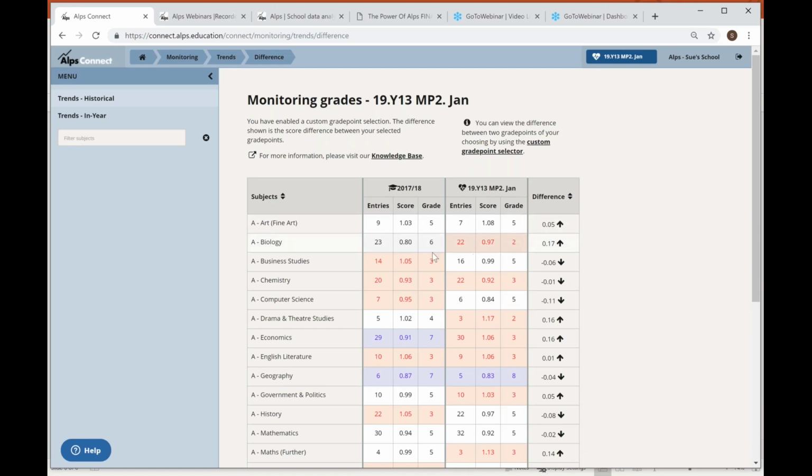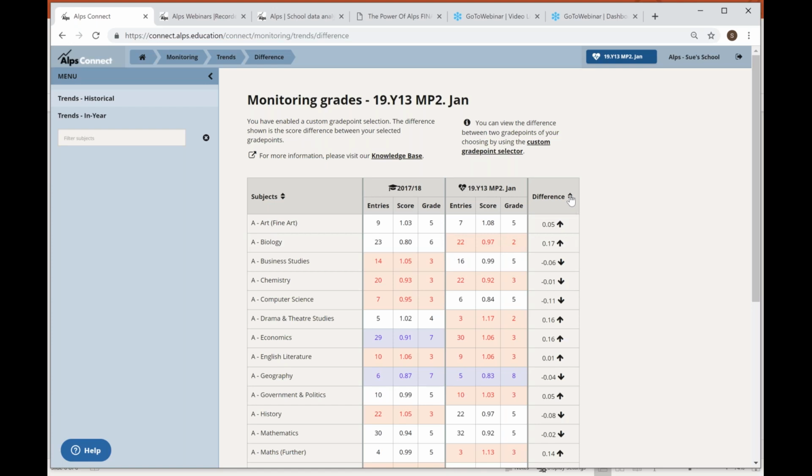Okay, now look at my biology department. So they are predicting a grade 2, but last summer they got a grade 6, and that might be a trend. So the power of this monitoring accuracy area is you're going to build up that trend to have those powerful conversations.